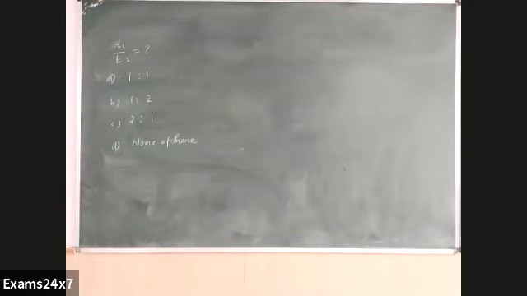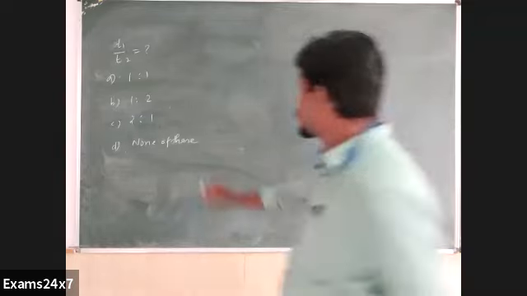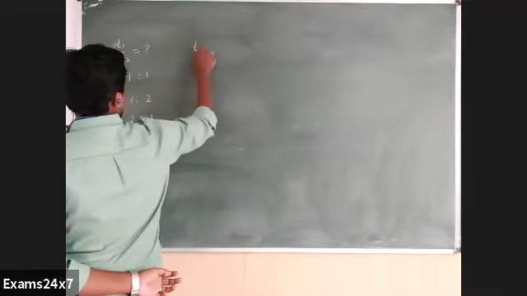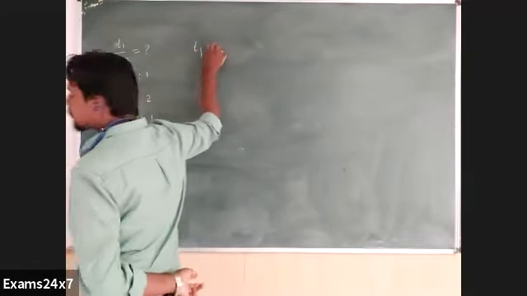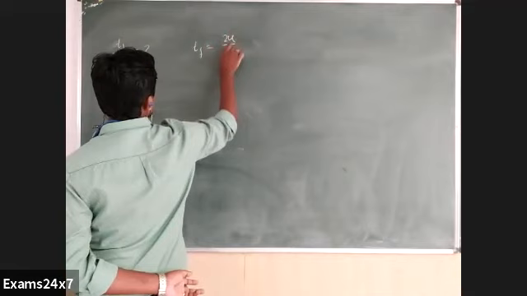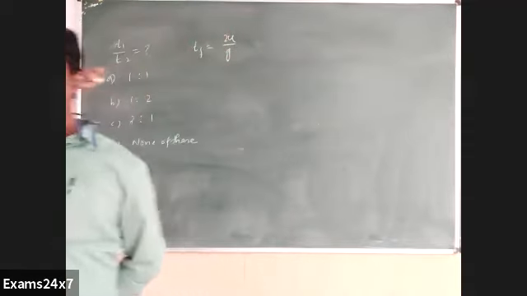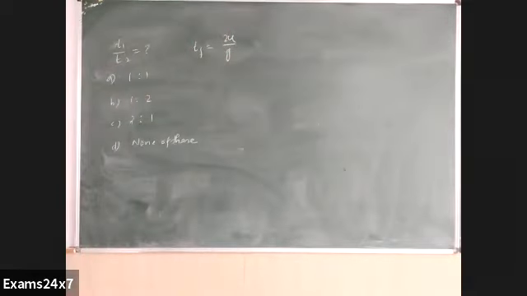First, they are asking you to find the ratio of time of flight. The equation for time of flight you need to write: time of flight is 2u by g.